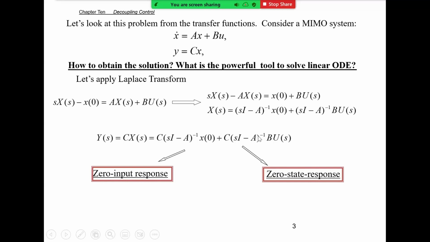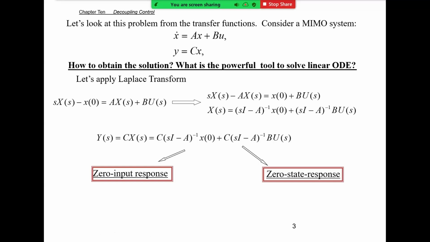That is where the initial state is zero, but the system responds to the input. Because the system is linear, we can write the response as the summation of those two terms. One student sent me an email asking why, when we evaluate the step response, we set the initial condition to zero.